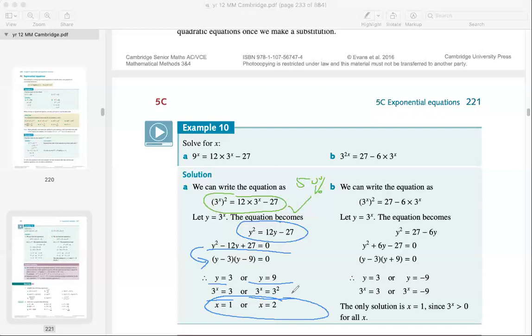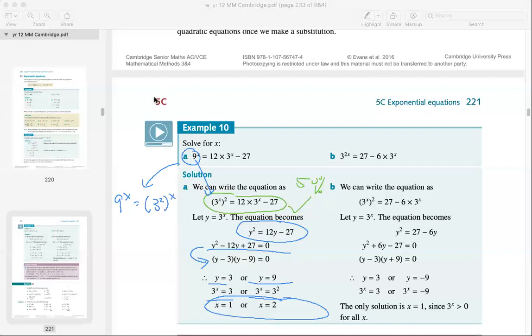Let's go through this idea again. First, the essential idea: change to the same base. Then by inspection, we see this can be treated as a quadratic equation, okay? Sometimes from here to here there's actually one skipped step, because 9 to the power of x is first 3 squared to the power of x, right?